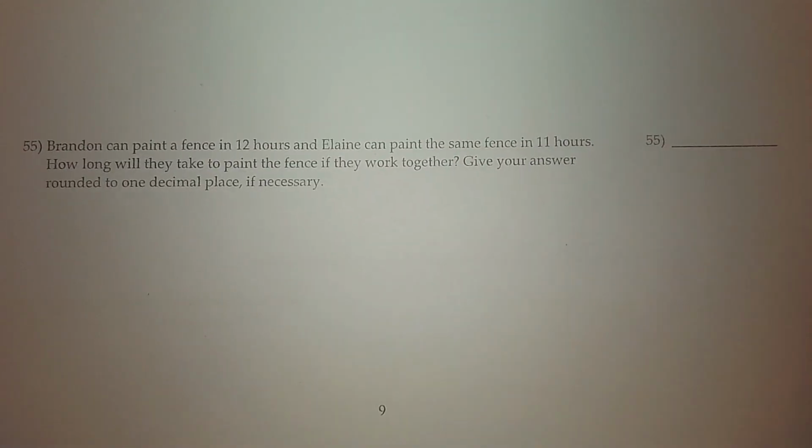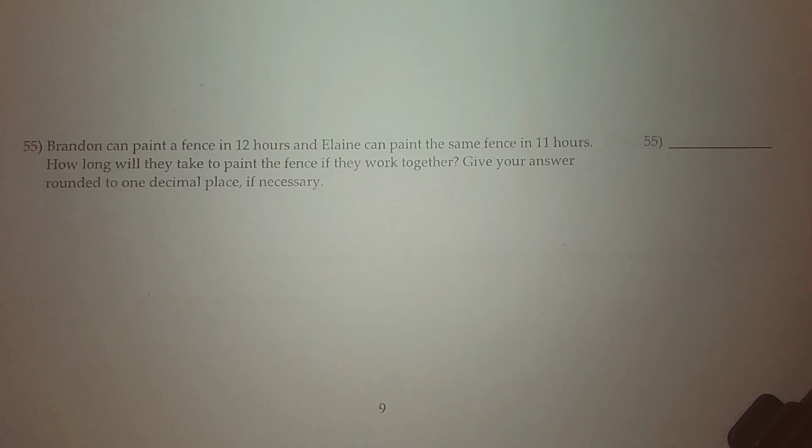Maybe I shouldn't. Can you tell me what type of question number 55 is? Do you recognize it? It's a work problem, right? And when we talk about a work, it is going to be the reciprocal, isn't it? So Brandon can paint a fence in how many hours? 12.